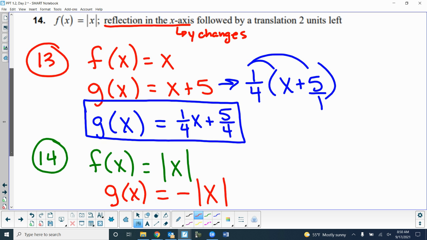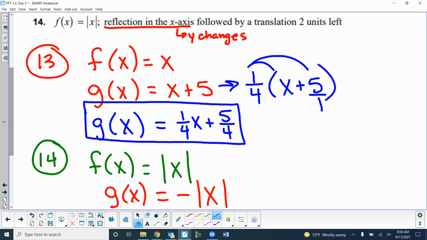And then it says translation 2 units left. That's a horizontal one. Left and right, the horizontal ones go inside. The up and down ones, the vertical ones, are outside. So we're going to put it inside our absolute value sign.